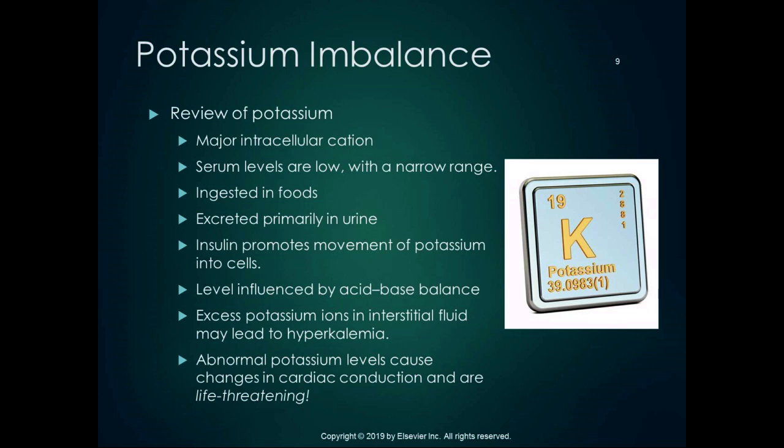And so if you're more acidic, you have more hydrogen ions, it's going to affect your potassium. Excess potassium ions in the interstitial fluid may lead to hyperkalemia. So same thing, if we break up that word, hyper is too much, kale is potassium, and emia is blood. Too much potassium in your blood.